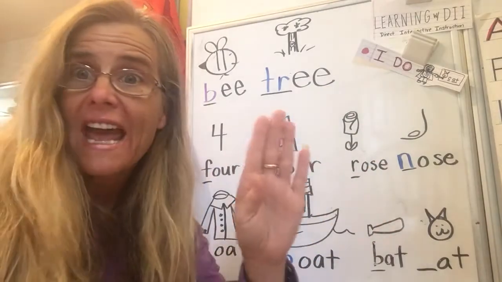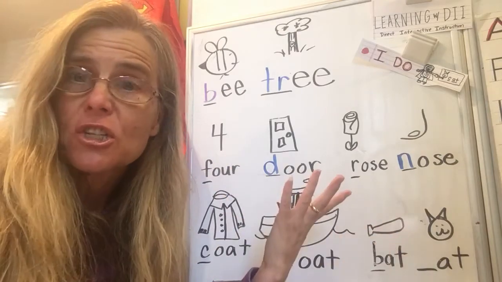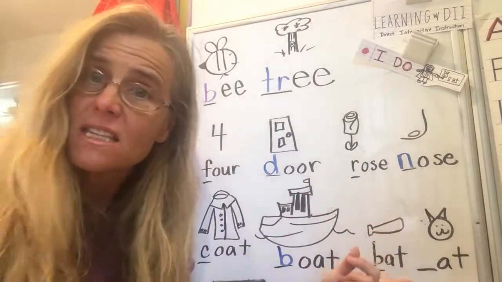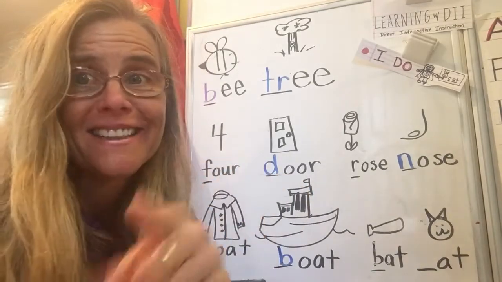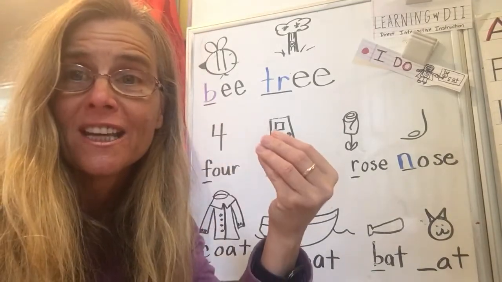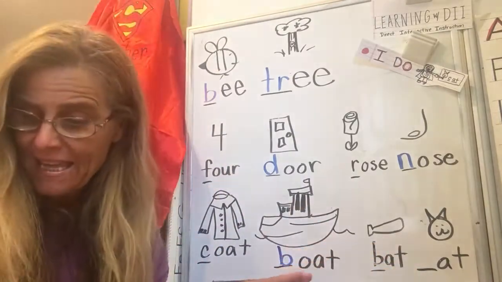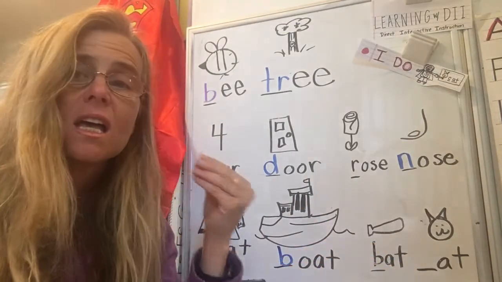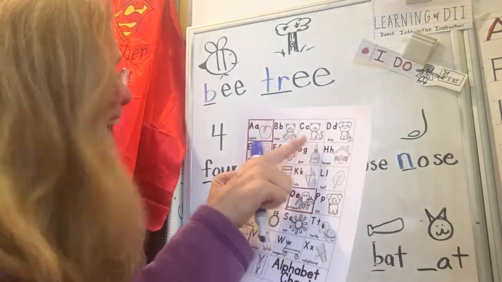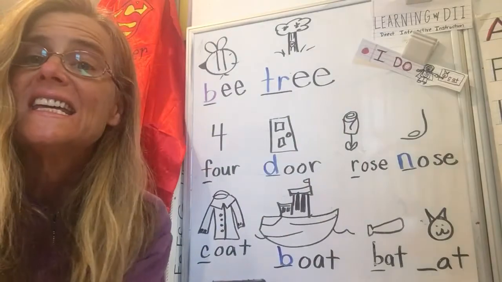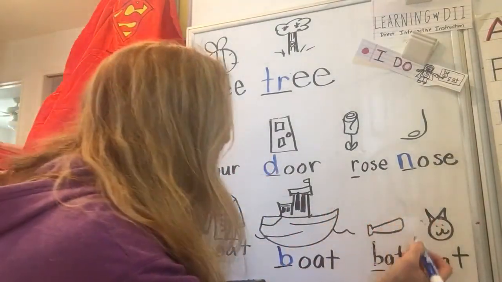Now we have to add something to the beginning sound to show this picture because this is not a bat. This is not a kitten, a grown-up one, a cat. That's right. So we're going to turn the B into a, let's find it. It's a cat, so we're going to turn it into a C. Lowercase again because it's not a proper noun.